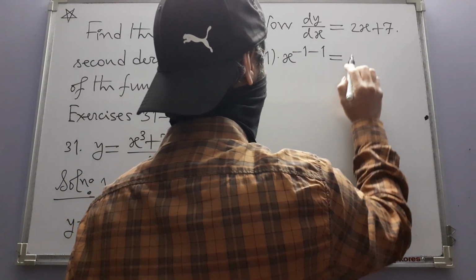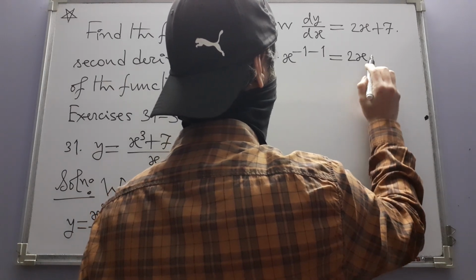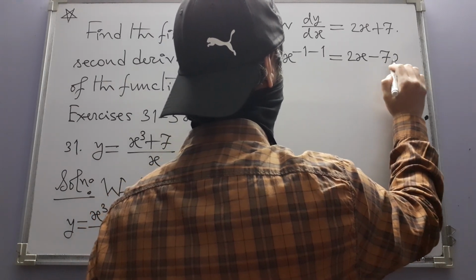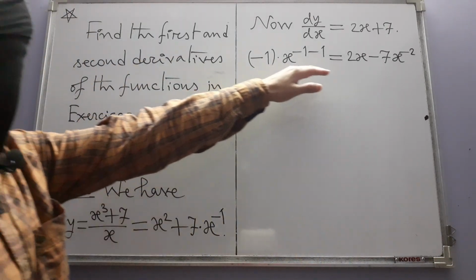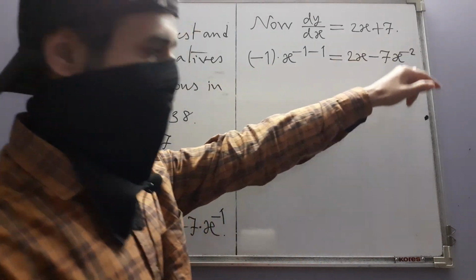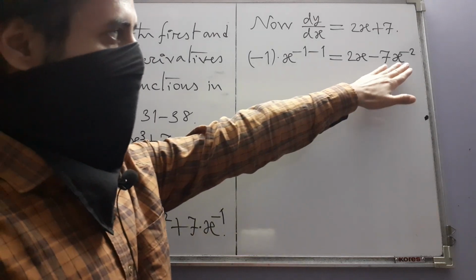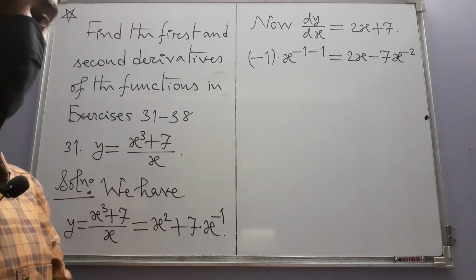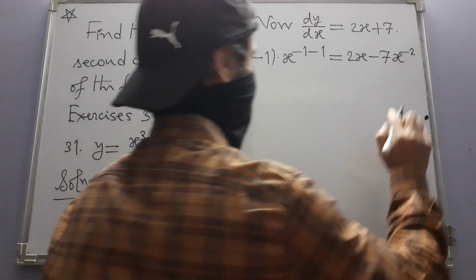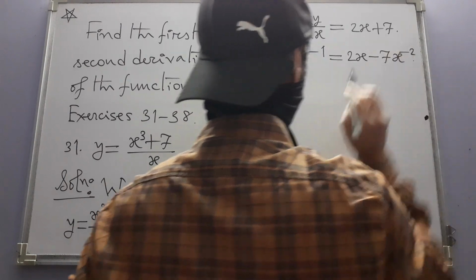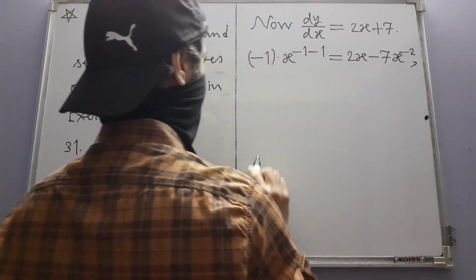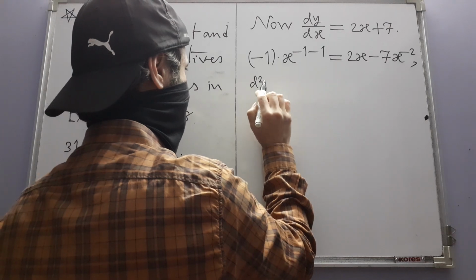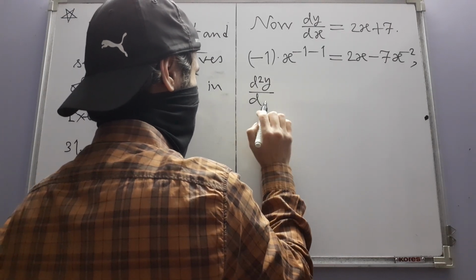So that's how you get 2x minus 7 times x to the power minus 2. We won't gain anything by writing it as 1 divided by x square. So I keep it like this because we have to differentiate it once again. Actually, I can put a comma here because I can continue my calculation.